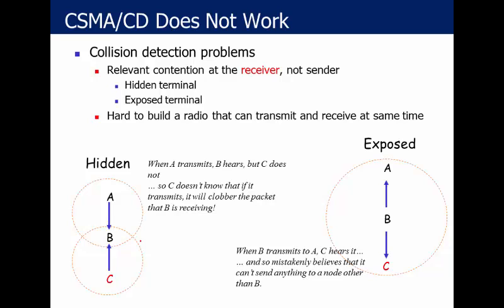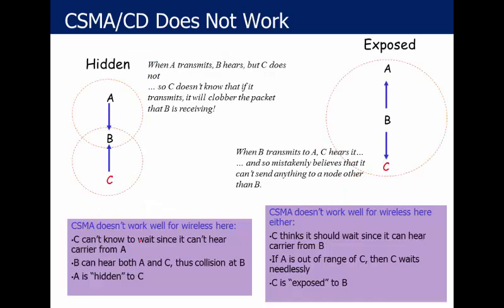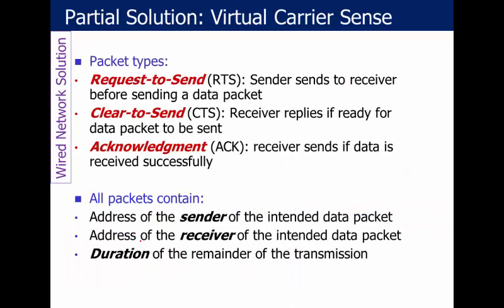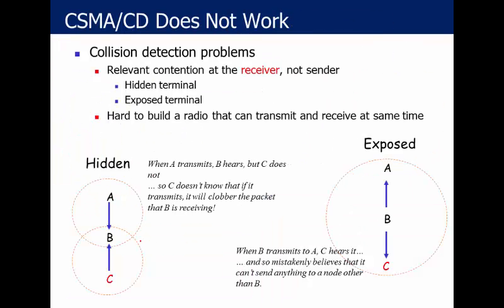Collision detection. Only one slide. Not many slides. Collision detection does not work in wireless, as I said already. But collisions come in two types. A transmits to B so that B can hear.